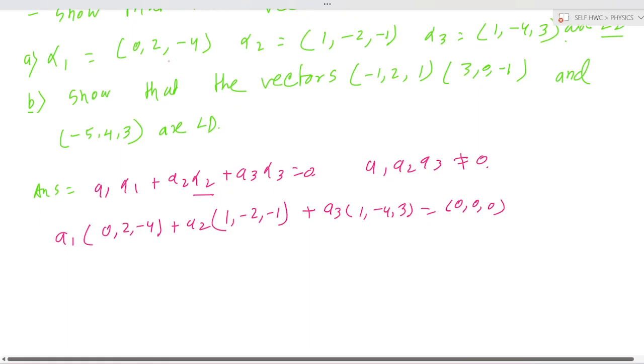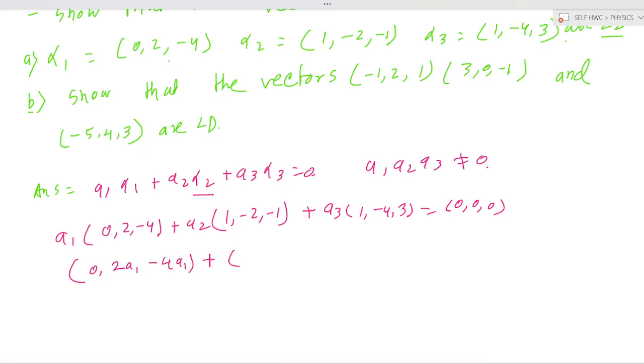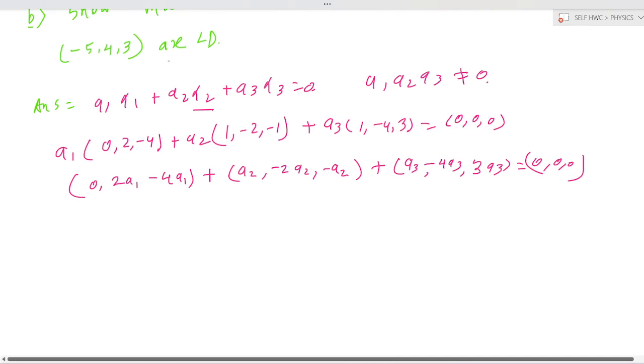Next to solve this equation, it is (0, 2a1, minus 4a1) plus (a2, minus 2a2, minus a2) plus (a3, minus 4a3, 3a3) is equal to (0, 0, 0). Solve this equation. Okay. So first equation: a2 plus a3.